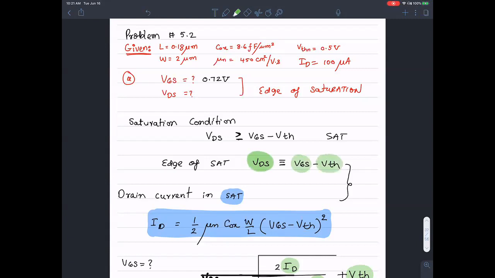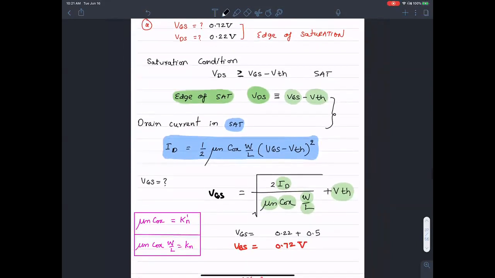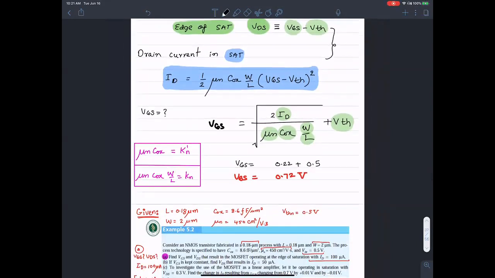Remember, that's the edge of saturation. That's the idea of edge of saturation, right? So on the edge of saturation, we have VDS to be VGS minus VTH, which is the overdrive voltage, 0.22 volts.